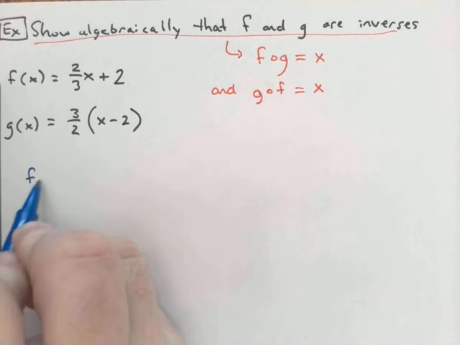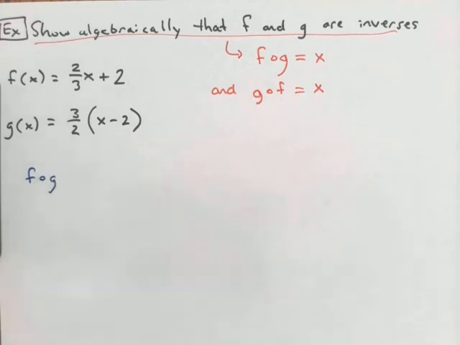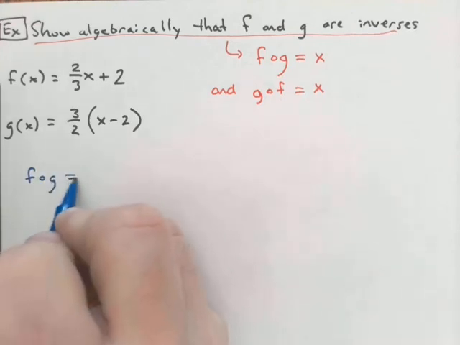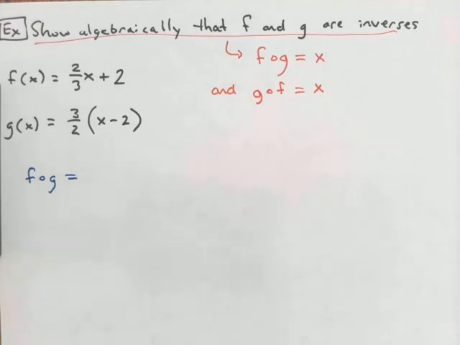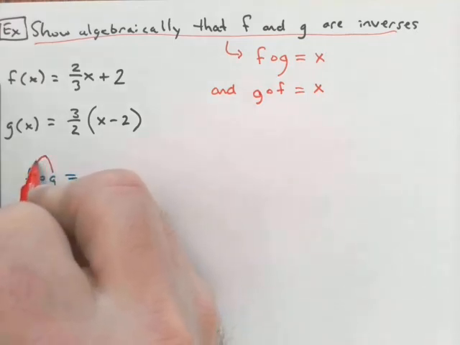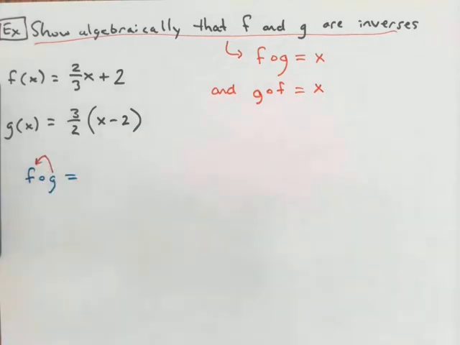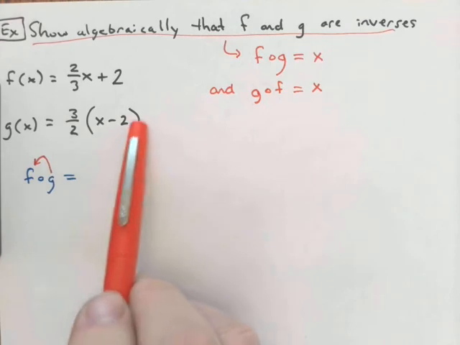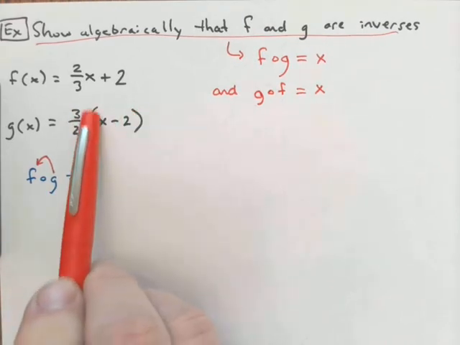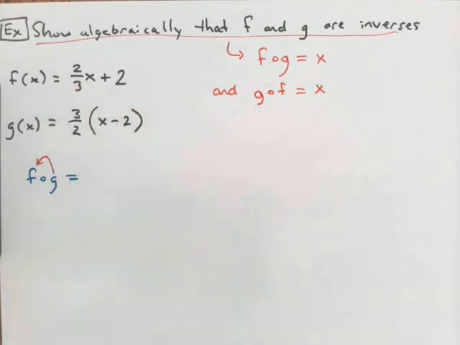To do the calculation f of g of x, we're going to be taking function g, and we're going to be putting that in place of the variable in function f. So we need to take this entire function right here, and put it in place of the variable in function f.